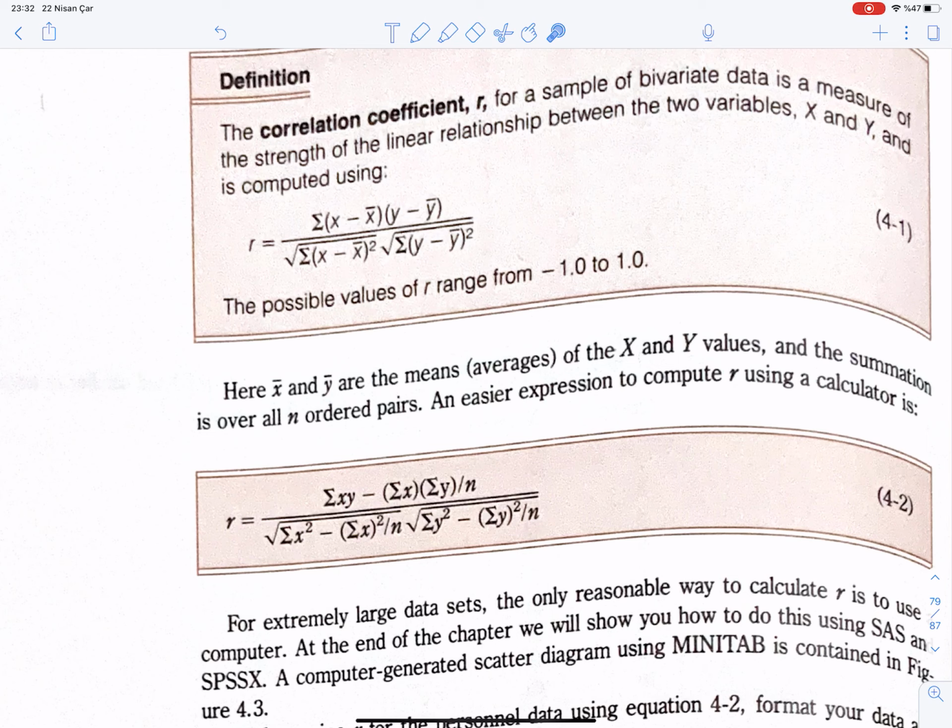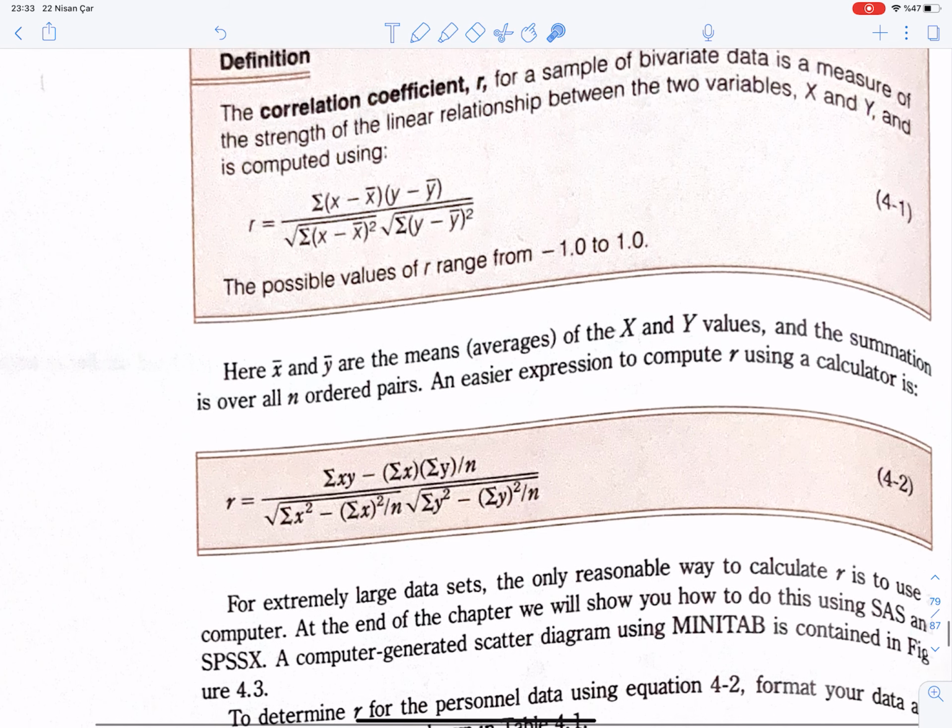Within this formula, x bar and y bar are the means, the averages of x and y, and the summation is over all n ordered pairs. According to the book, an easier expression to compute R using a calculator is this equality in 4-2. I also prefer this one. I mostly use this formula.